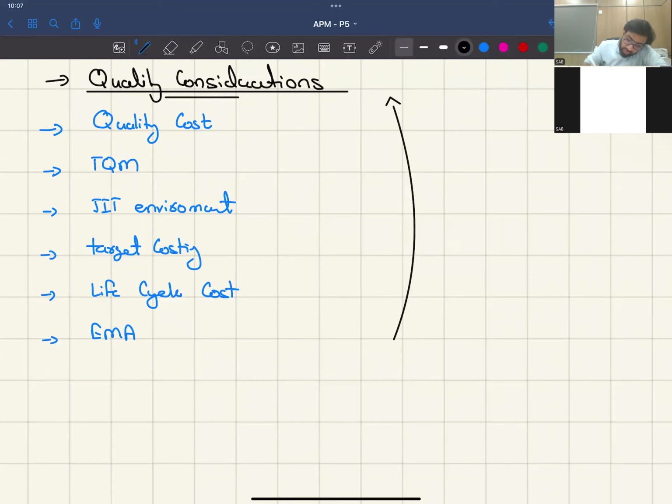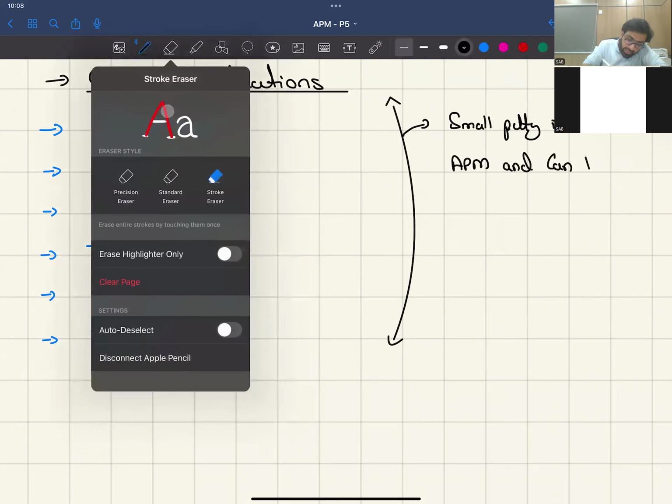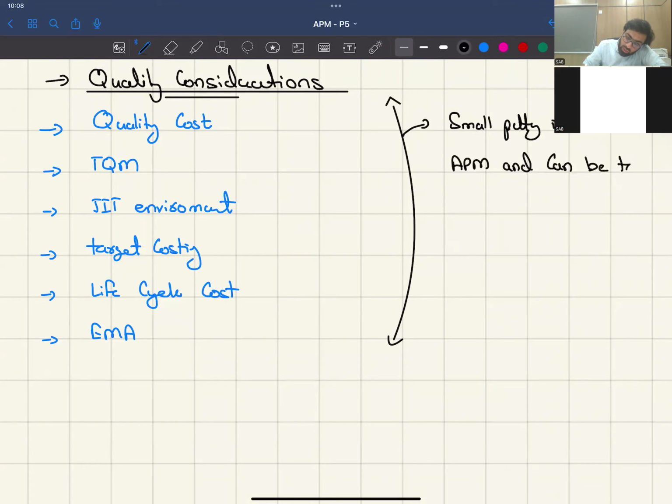So what should we be doing in order to cover these topics? See, they are not that lengthy. They are small, petty issues of APM and can be tested, right?